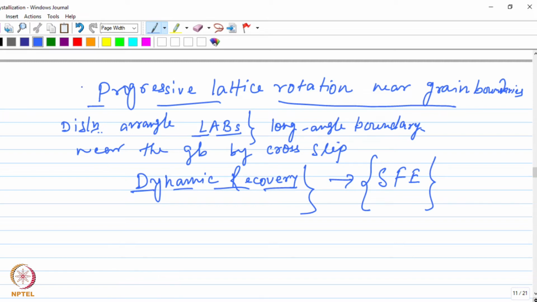So now coming back to this mechanism, once the dislocations rearrange into low angle boundary configurations, the grain boundary migration also occurs. And as the migration is stopped at the triple points or the triple junctions of the grain boundaries, stress concentrations will develop at such sites when the migration is stopped.